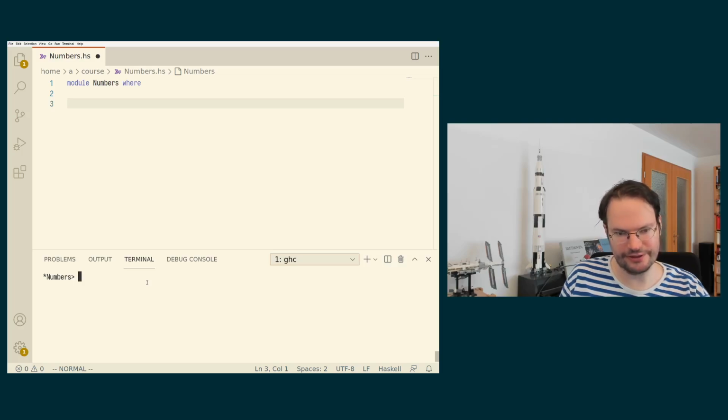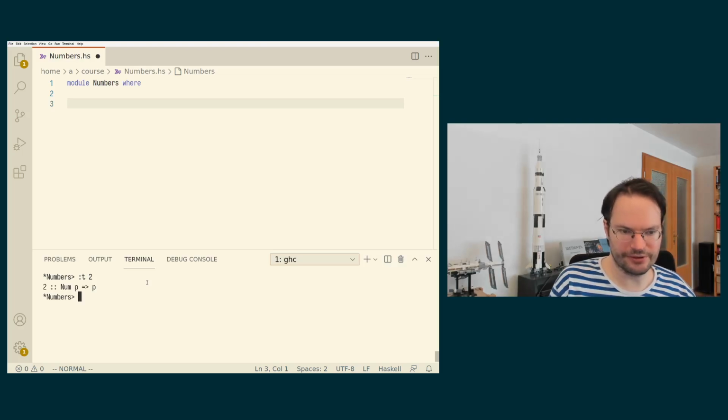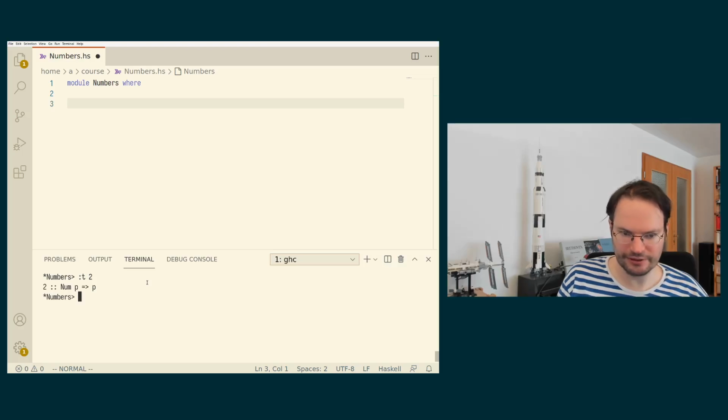Some things are nice. For starters, something that we have already seen a number of times is that literal numbers are actually overloaded themselves. So if you just type a number literal, then you get something that is actually overloaded over the Num class. And again, we have the situation with the target type being overloaded.